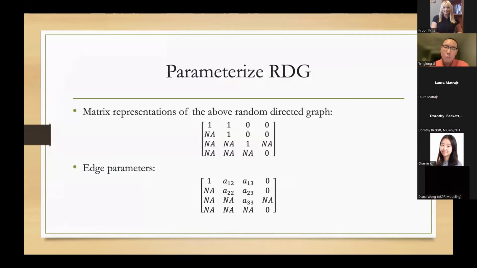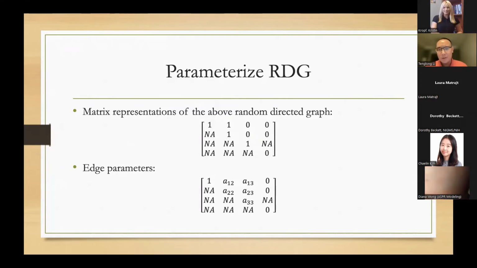We're trying to make a matrix presentation of the above random directed graph to make sure things are sorted out in a mathematical order. The main thing is to define so-called edge parameters. Based on the above matrix, we define A12, A22, A13, up to A33.